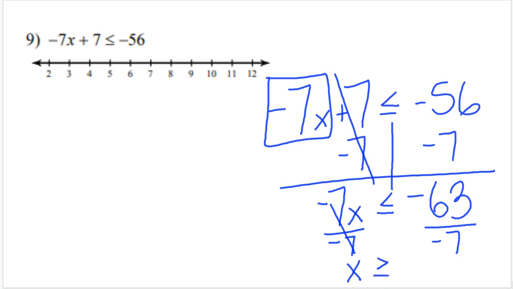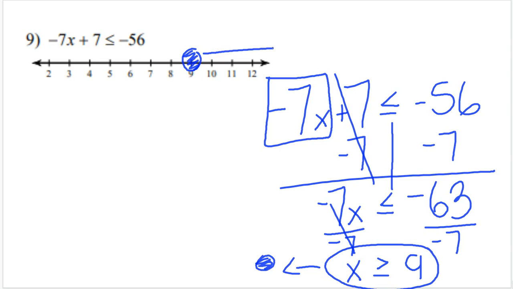And negative 63 divided by negative 7 gives me 9. So our answer is x is greater than or equal to 9. Remember, that means we're going to have a closed circle. So I'm going to go ahead and put a closed circle on my 9. And because x is greater than or equal to, I am graphing to the right.